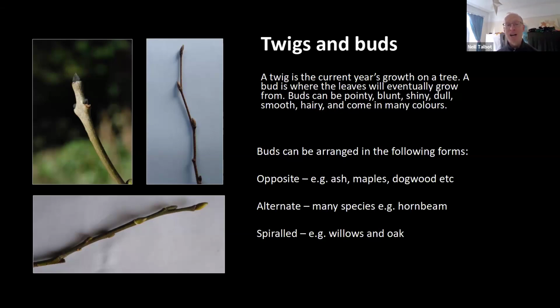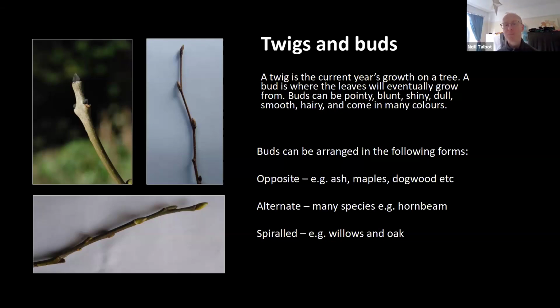An example of that is the hornbeam, which is the picture immediately to the right of the ash. And you can see they're not opposite each other. They alternate down the stem, spaced out down the twig. So there's a huge number of native species that have alternate buds.